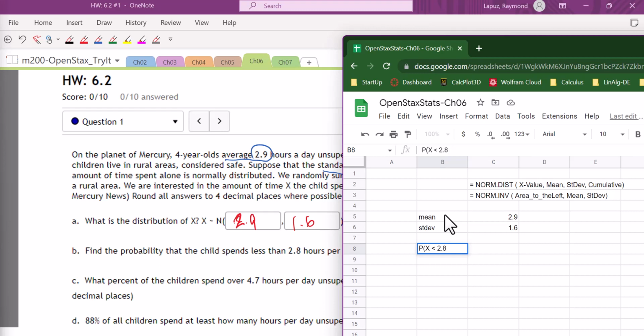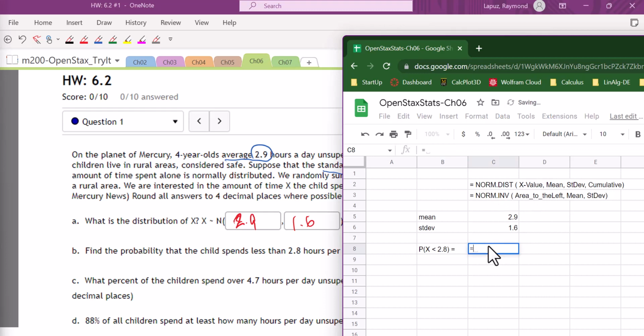Now the commands that we have in Google Sheets would be the norm.dist or norm.inv. So norm.dist would give us the areas under the normal distribution, or equivalently it would give us the probability. So in this case we're looking for the probability, and the fact that this is less than 2.8 means we're going to be able to use the cumulative normal distribution.